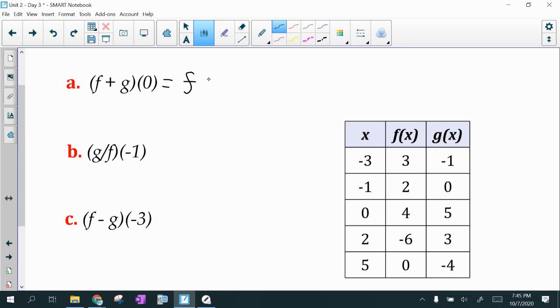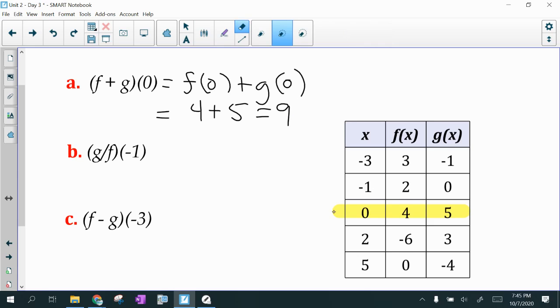So f of 0 is here, g of 0 is there, and I'm going to say, well, let's go over and look at my lovely little chart. And I'm going to say, down here is my values for 0. So f of 0 is 4, and g of 0 is 5, and I'm looking at a value of 9.